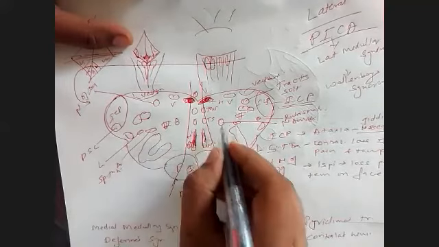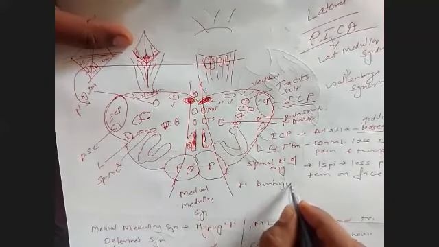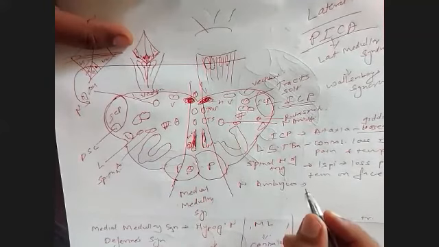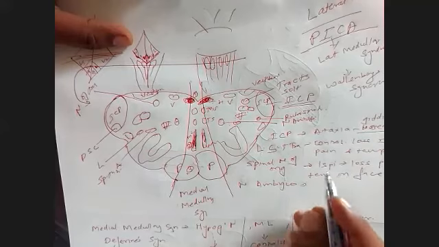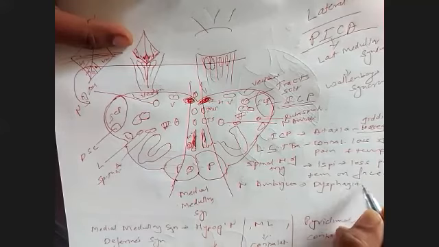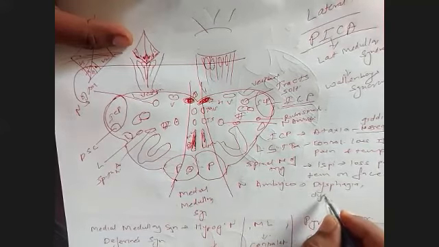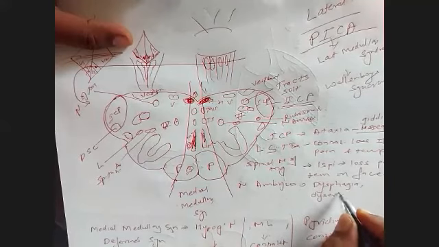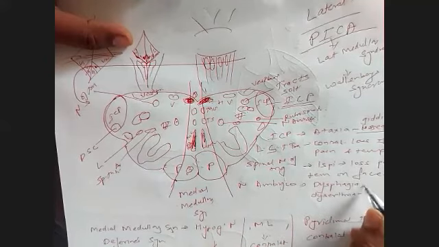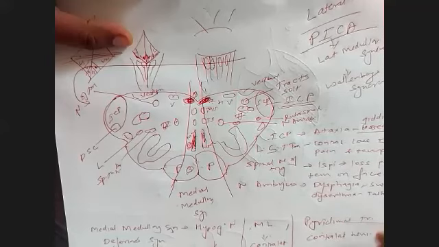Then here is the nucleus ambiguus, which gives fibers to the larynx and the pharynx. Because it supplies the muscles of the pharynx, there will be dysphagia, and because it supplies the muscles of the larynx, its paralysis can lead to dysarthria. So difficulty in swallowing and difficulty in speech.